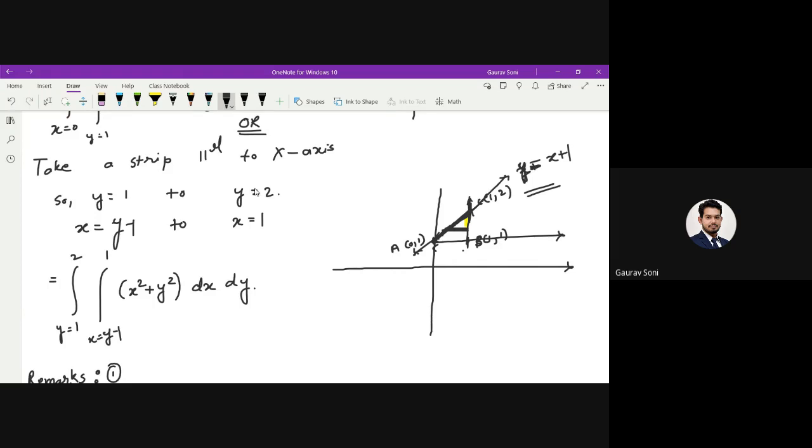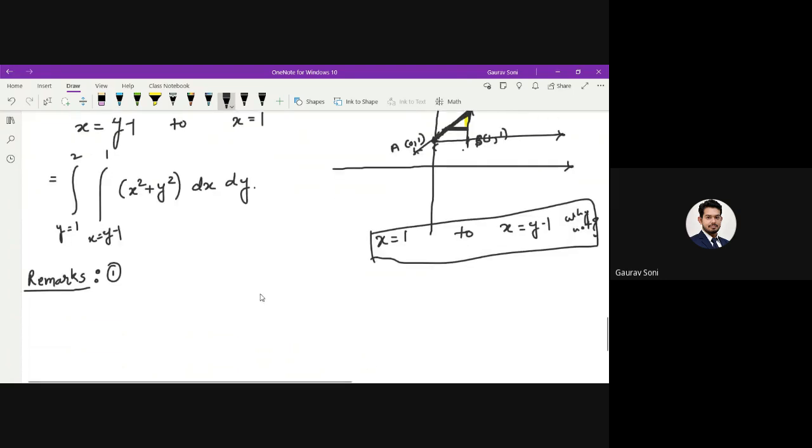Okay. My question is now, why not x is equal to 1 to x is equal to y minus 1? By the time I write down the remark, you think over it.